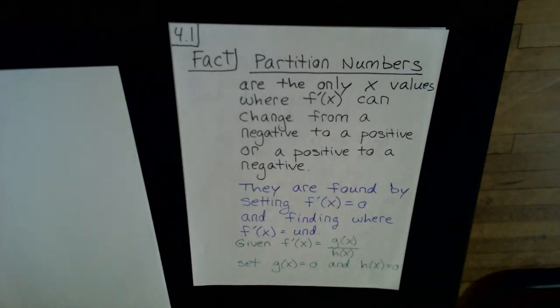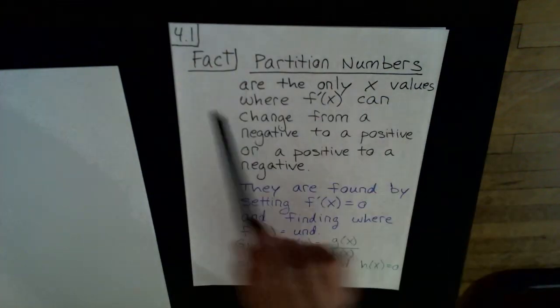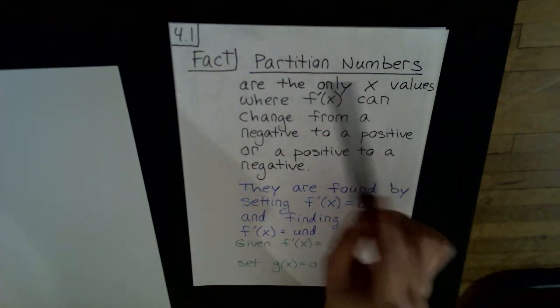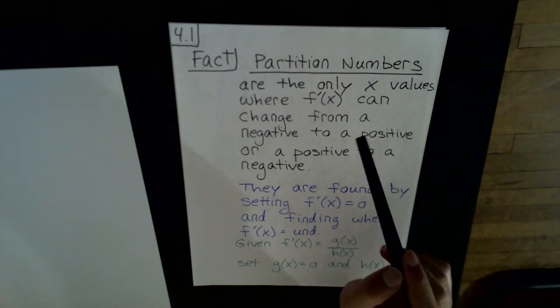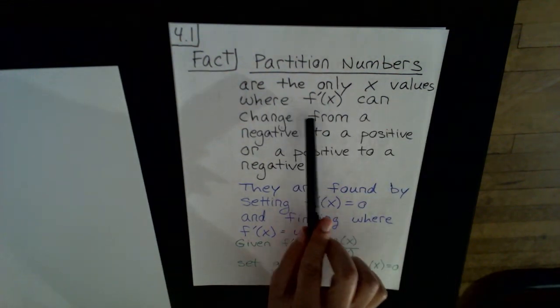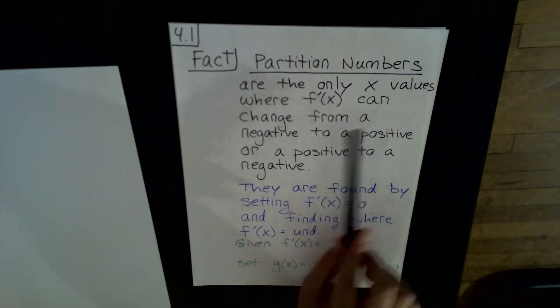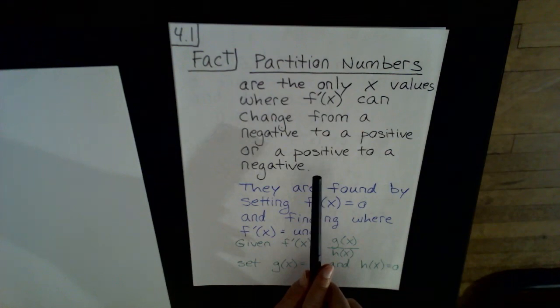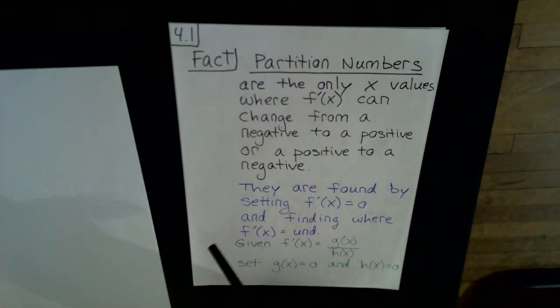From here, we introduce another fact or definition that says a partition number or partition numbers are the only x values where f prime of x can change from a negative to a positive value, or from a positive to a negative value.